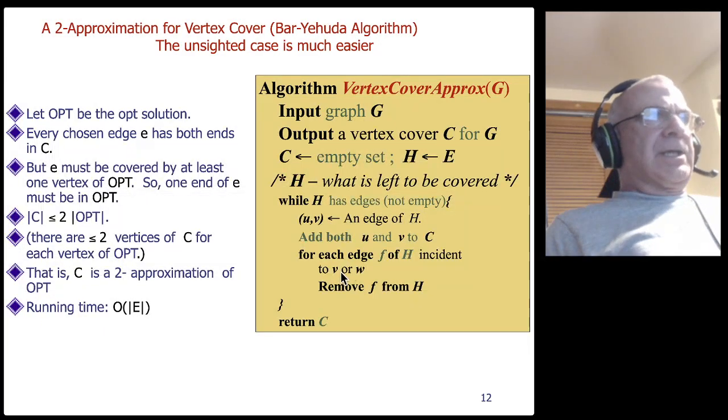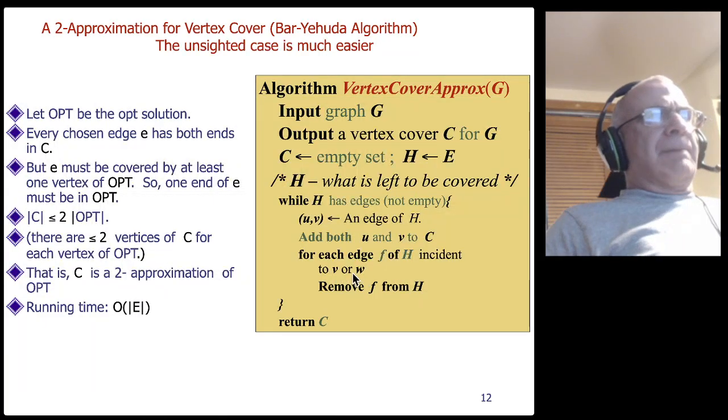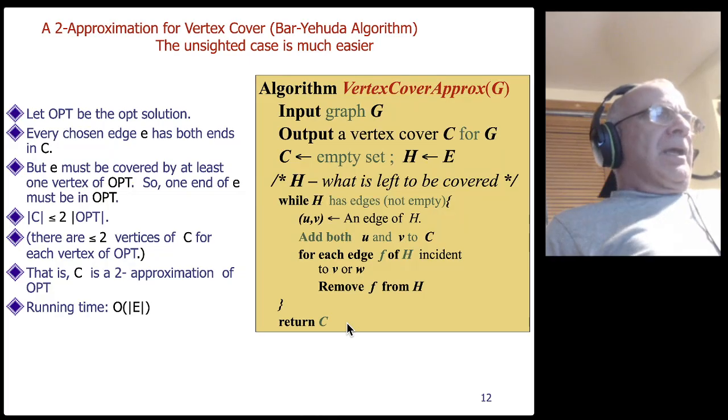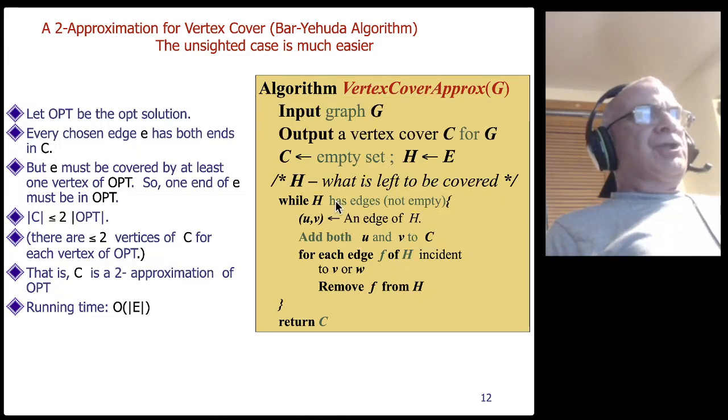And of course, the edge uv is one of these edges. We are done when E prime contains no more edges. The moment that E prime becomes empty, then we are done.